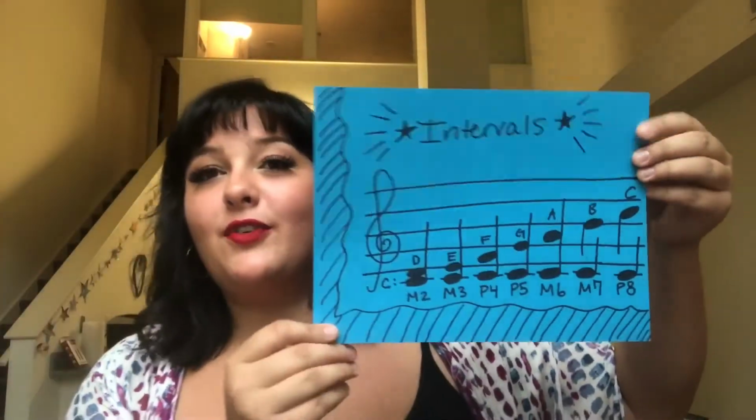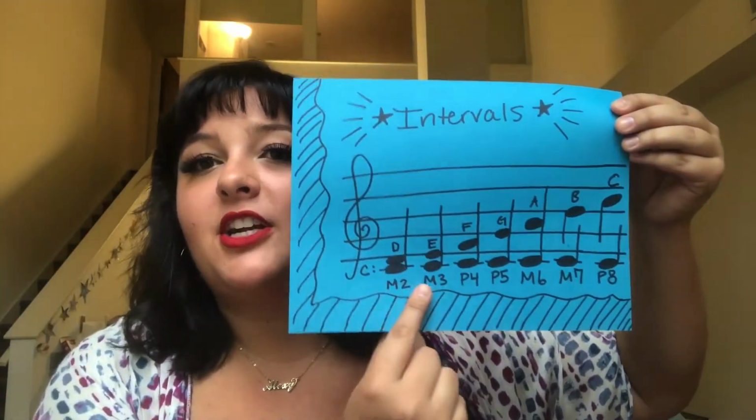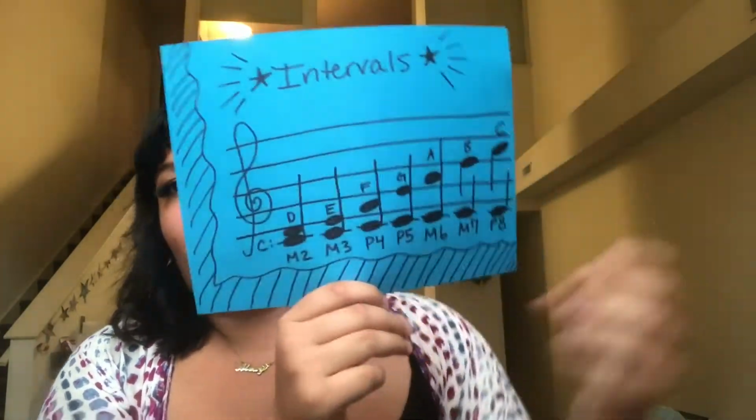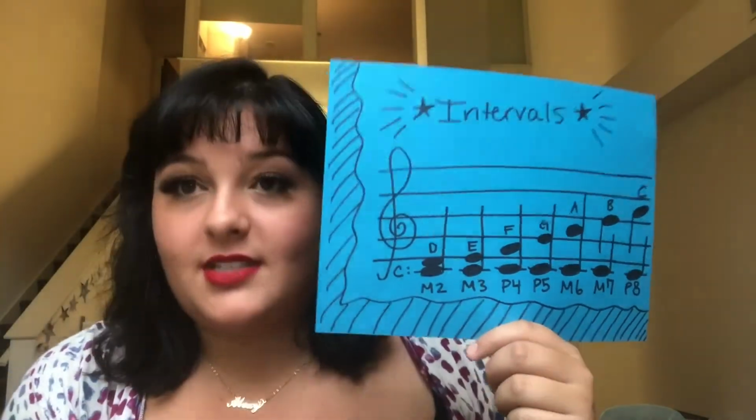So the intervals I've drawn here for you, these are all major and perfect intervals, okay? So they're all going to be composed of whole steps. In music, you have half steps and whole steps.